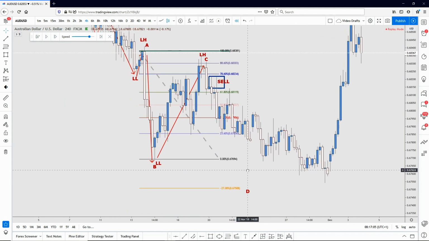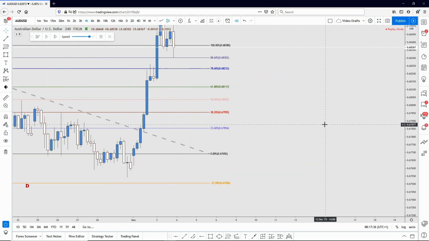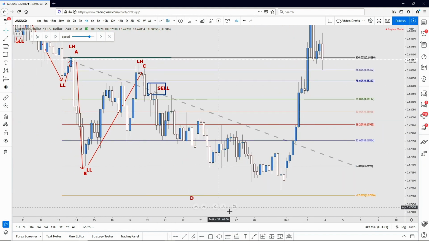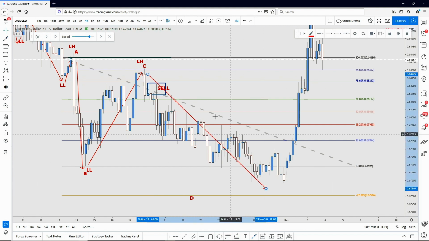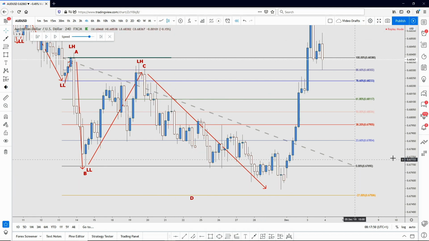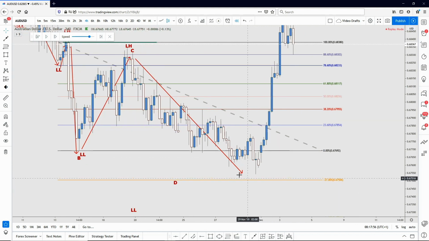You can see that from here, from point C, which was the retracement, we had a downward motion. I'm just going to delete this sell. We hit take profit 1. We were just shy of take profit 2.